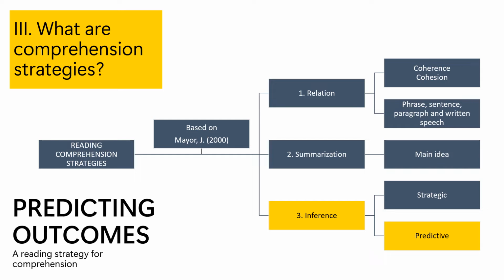Number one, to read. Number two, to summarize. Number three, to request clarification. And finally, number four, which is to predict. She says there is no mandatory order between the four strategies. We could use them in another order. But the comprehension strategy we are centered on is the predictive one.